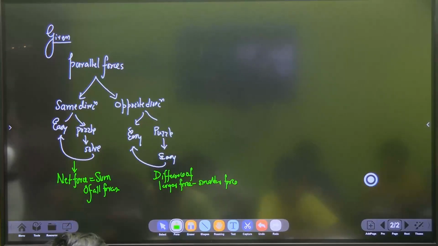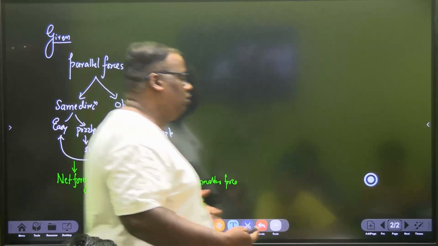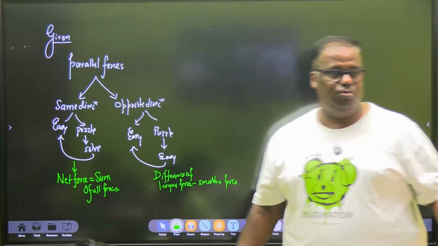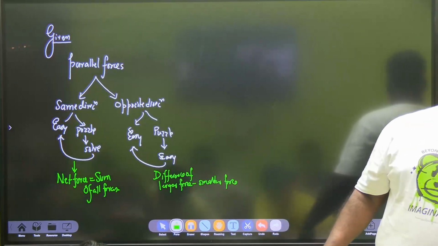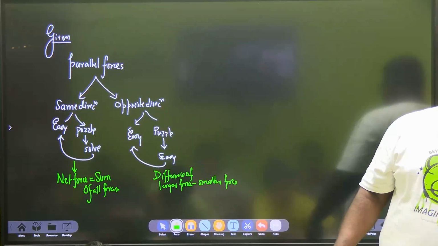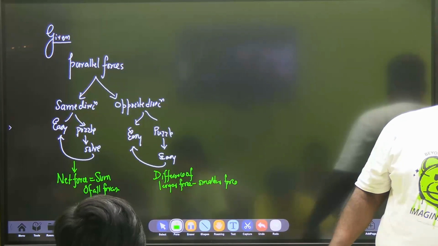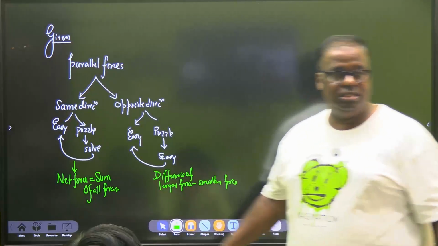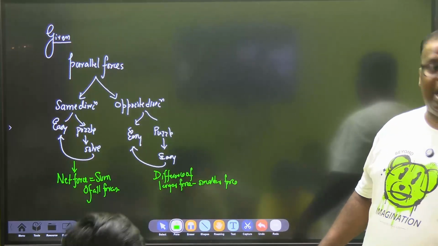If you are getting a system which is acted upon by a lot of parallel forces, your first job is to make it simple. एक तरफ में सारे forces ले आओ, and then see whether the forces are in same direction. If same direction, bring it to one side. Then how to find out the resultant force? The resultant force is found by adding all the forces.